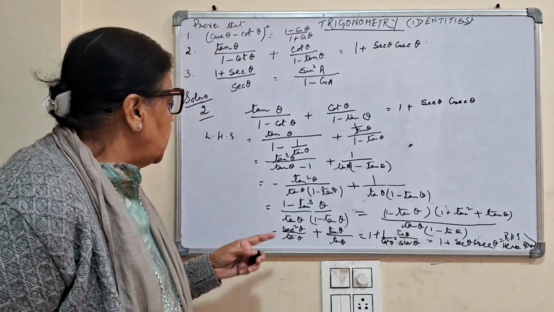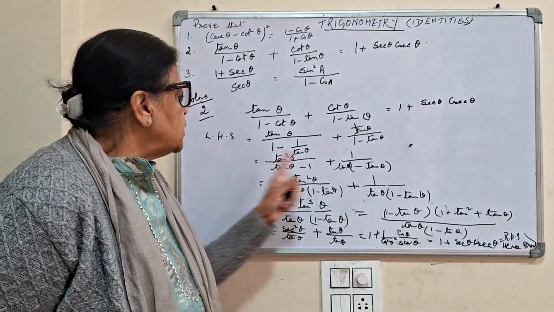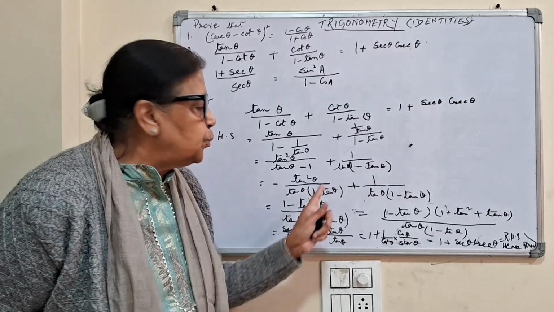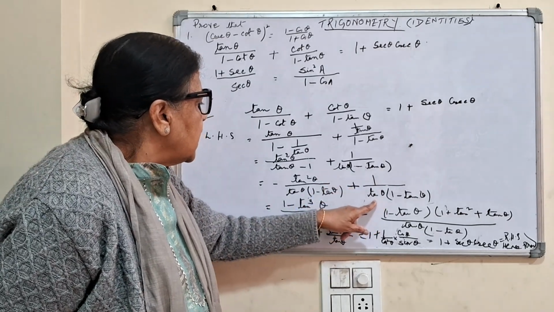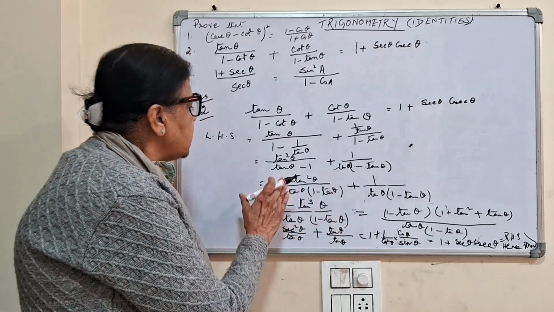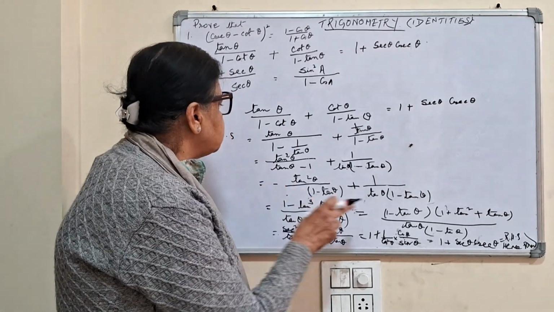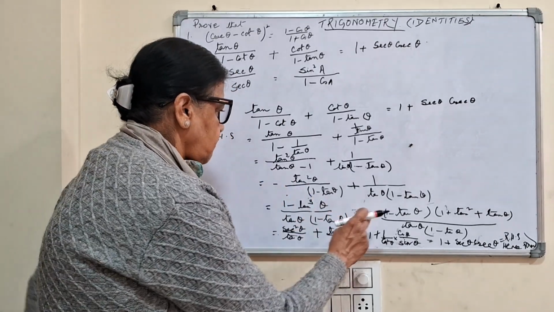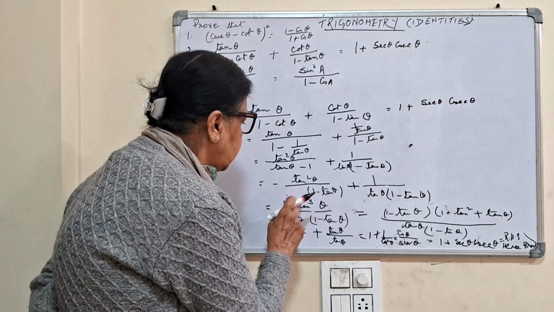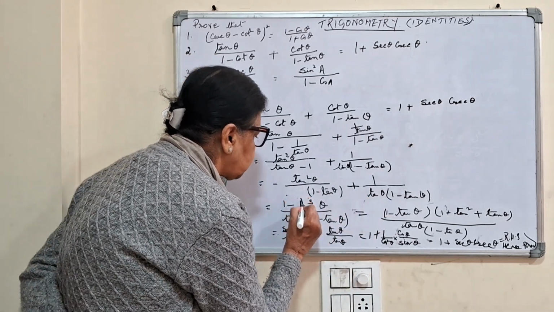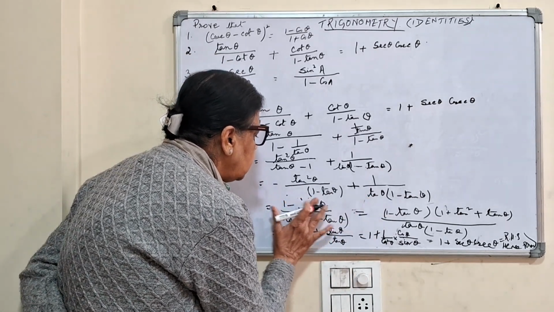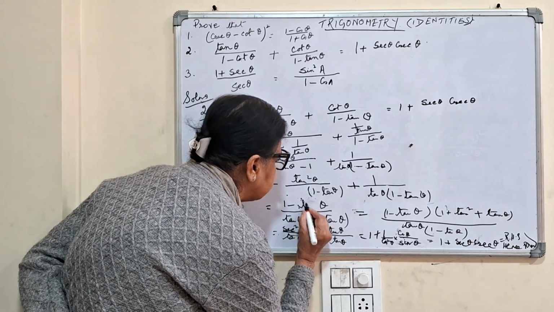What is this? This will be 1 minus tan cube theta, because this tan is extra. Here no tan is there, here this tan is extra. So it will be cube. This is tan cube theta.